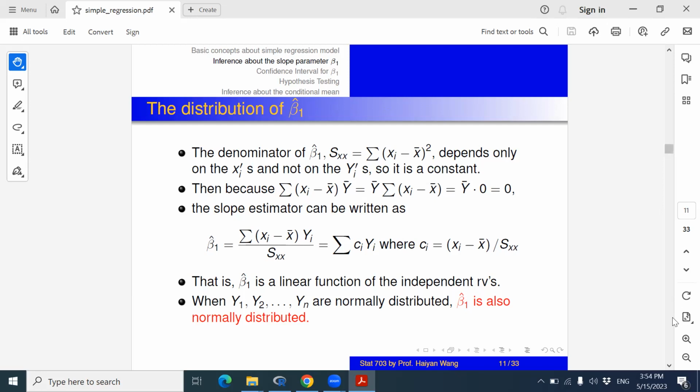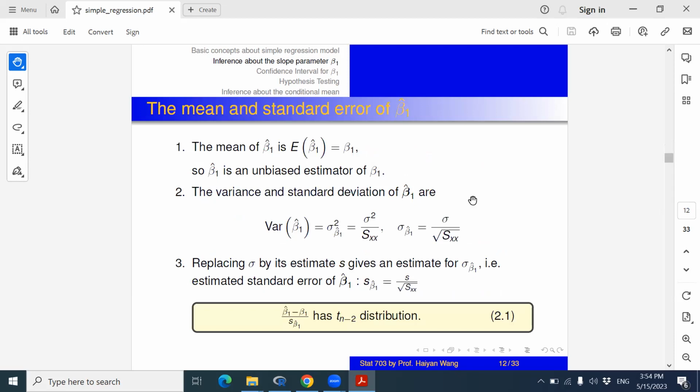When it's normally distributed, we just need to know what the mean and what the variance of beta 1 hat are. From earlier chapters, chapter 5 in particular, we know that for a linear combination of the y's, the mean is equal to the linear combination of the means. And the variance is the linear combination of the variances, but with the coefficients squared.